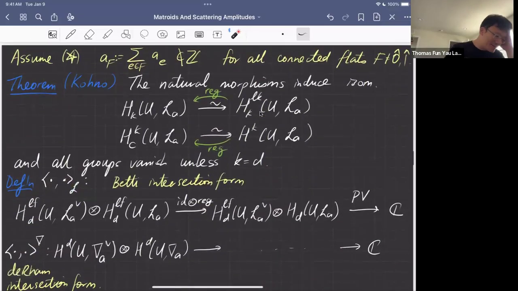So I'm going to assume, to answer Graham's question, the following condition: for every connected flat of the matroid F, if I sum all the AEs for all the E's contained inside that flat, I should not get an integer.